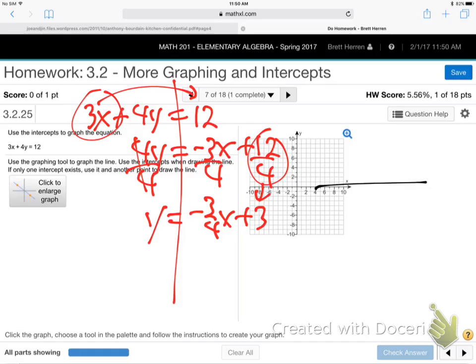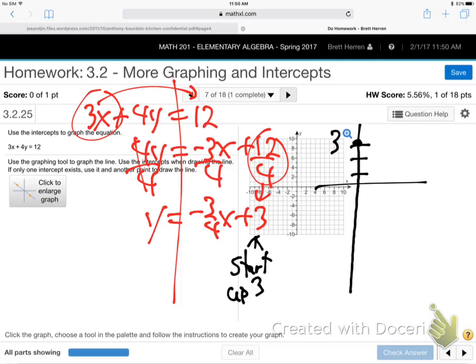Now go to the graph. So find your first dot. Where's the first dot? Up 3. You start up 3, in the middle. It's always in the middle line, huh?